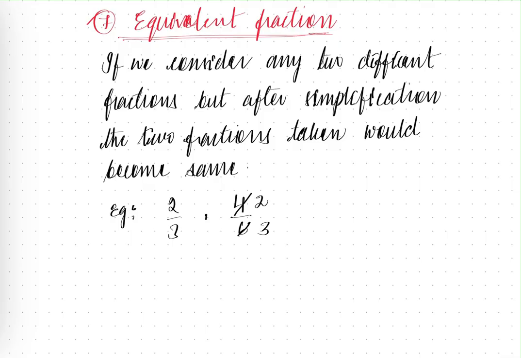So after simplification I got 2 by 3 and 2 by 3, which means both are equal. This is said to be the equivalent fraction. When after simplification the two fractions are the same, that is known as an equivalent fraction. With this we completed all the 7 fractions. Next class we will see addition, subtraction, division, multiplication of all the fractions.